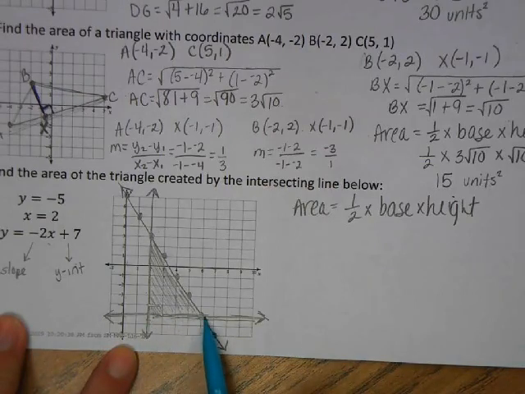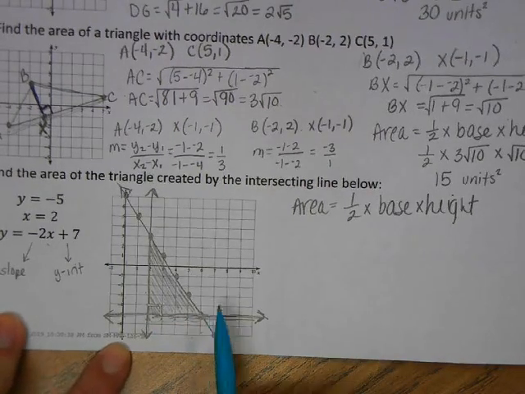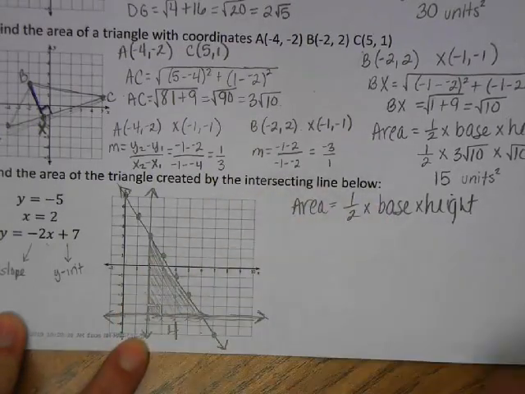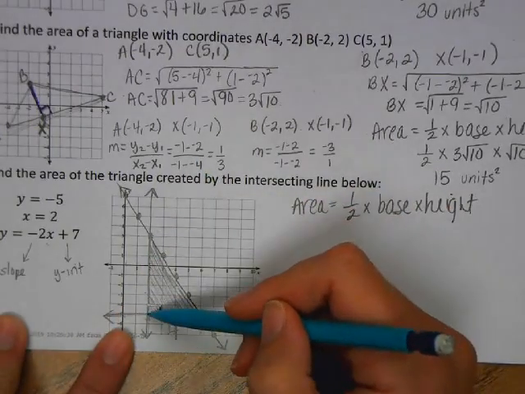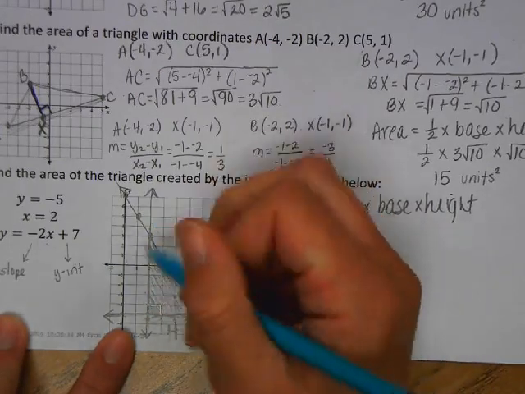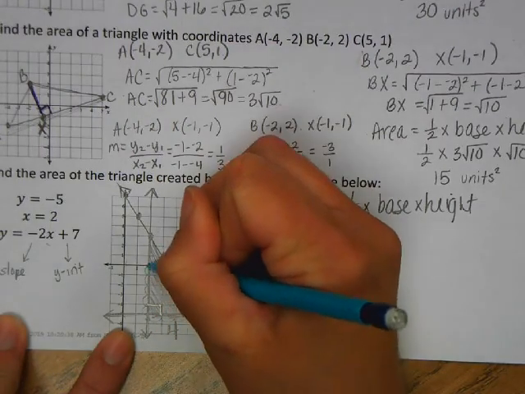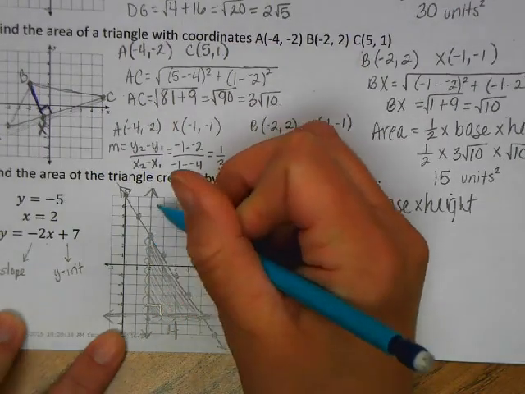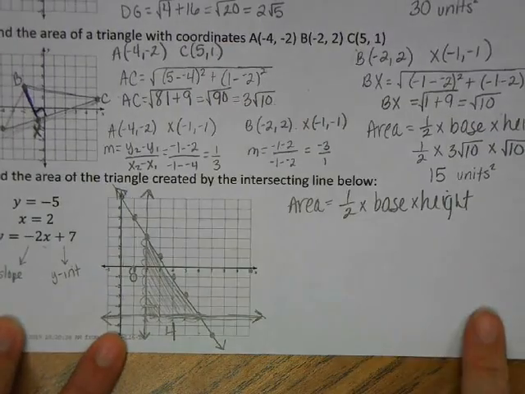Counting the units for the base is 1, 2, 3, 4. So your base is 4 units wide. And do the same thing, count the height, because this is a vertical line, so just count these blocks. 1, 2, 3, 4, 5, 6, 7, 8. So the height is 8 units tall.